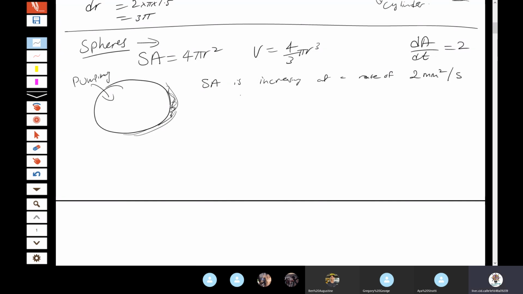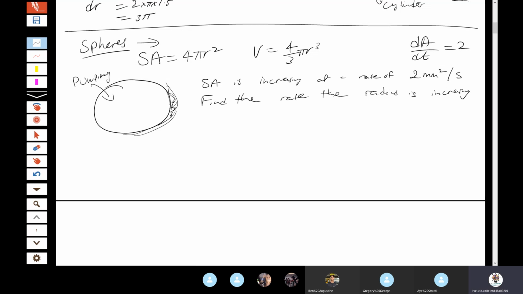Cool. Then I might have asked, find the rate the radius is increasing. The questions can change.